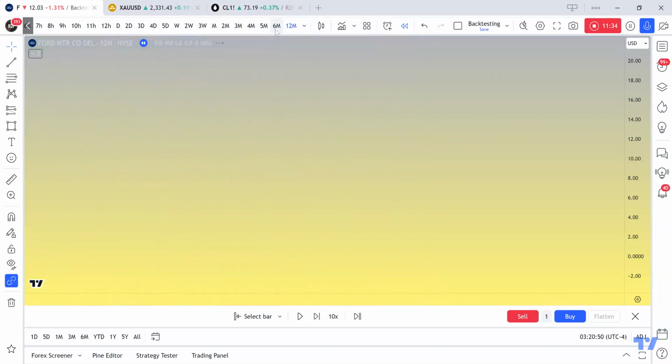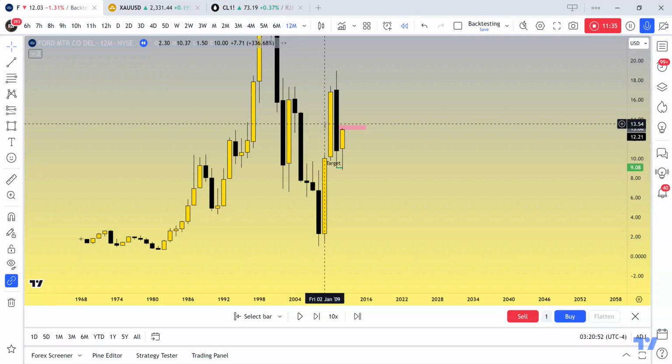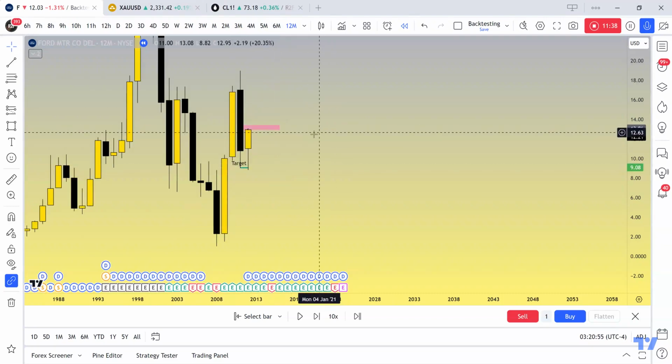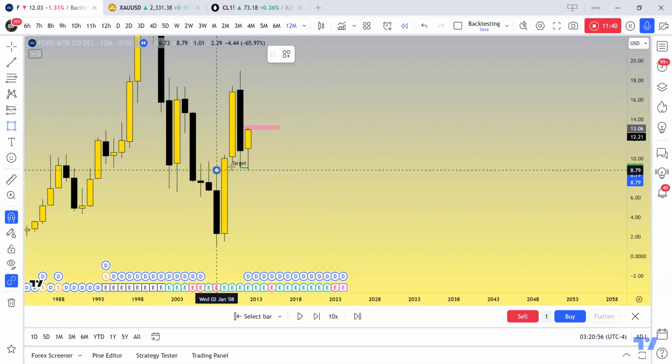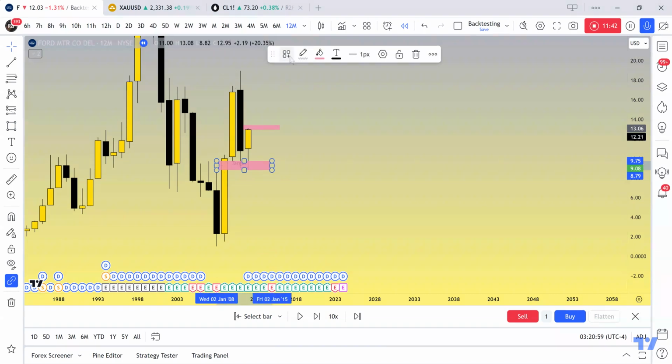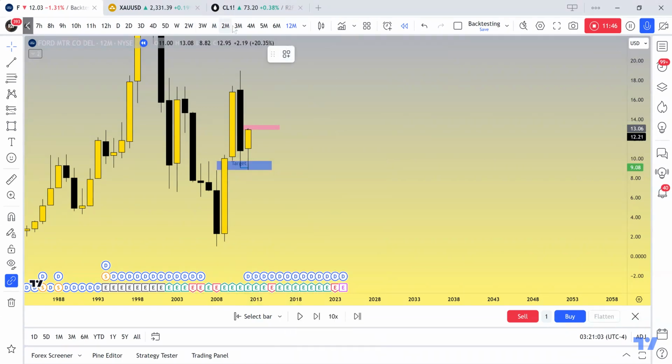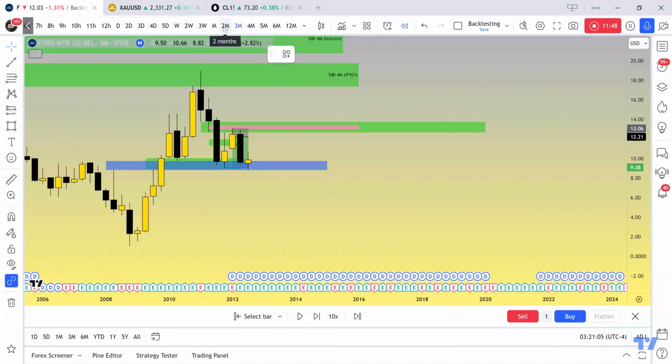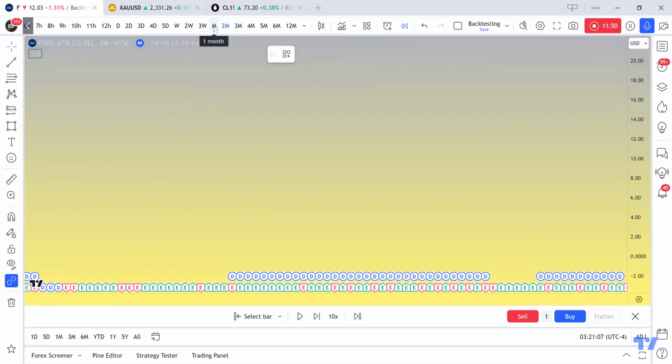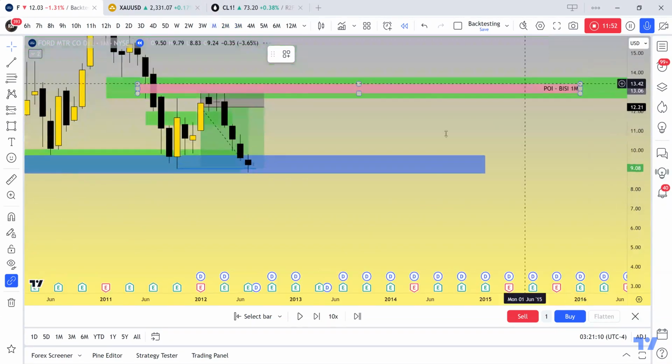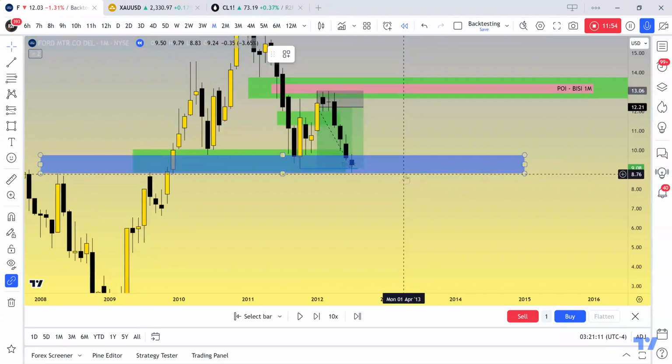Let's go to the yearly. Yeah, great. Yearly gap, excellent. Shall we try for one more trade? There's a nice gap here too on the monthly.